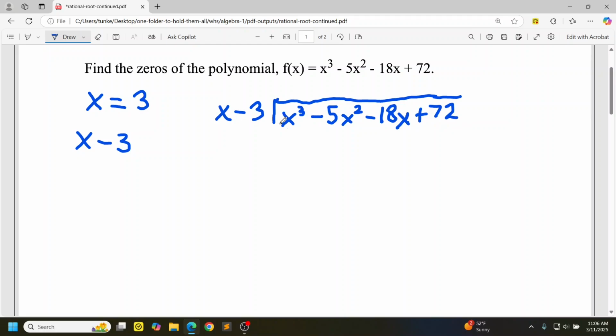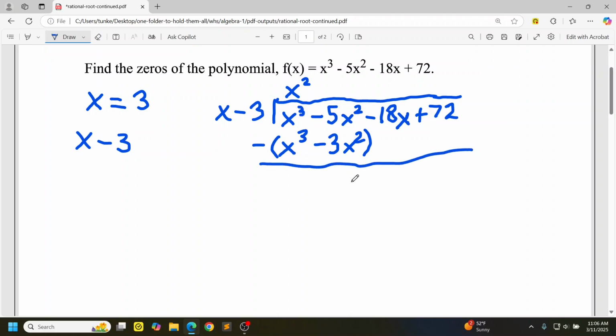So we want to think, what do I multiply x by to get x cubed? And that's going to be x squared. So x squared times x is x cubed. X squared times negative 3 is minus 3x squared. Okay, we're going to subtract that off.